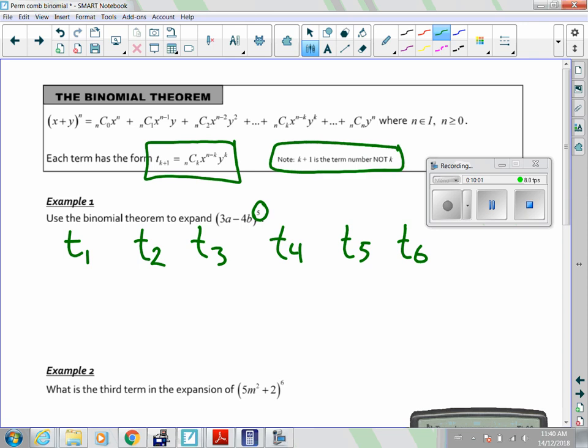So T1, and now again, when you look at this, this is T k plus 1. k plus 1 is the term number. The k actually starts at 0. In this formula, by the way, I didn't really explain this all that effectively yet, but the n value is the exponent, and the k value is the counting number. I know that counting is not actually spelled with a k, but hopefully that helps you remember.